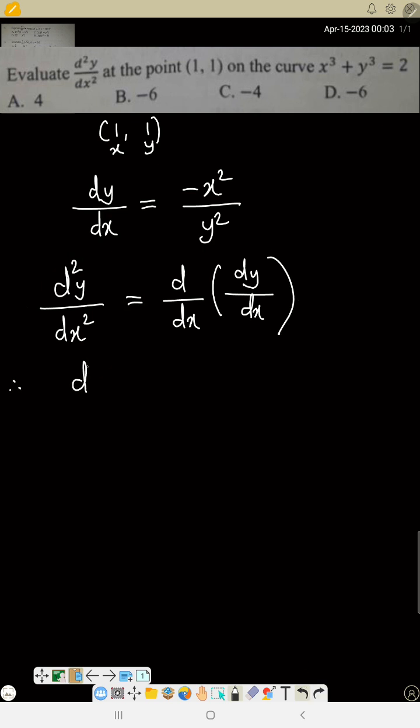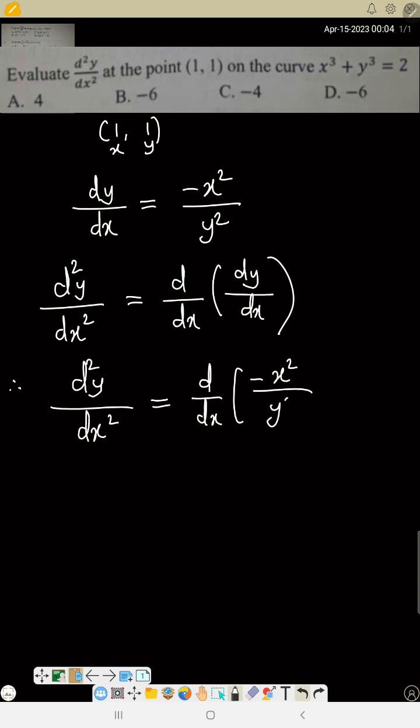So this becomes d squared y over ds squared equals d ds of minus s squared divided by y squared. Remember, that's our dy ds, d ds of dy ds.